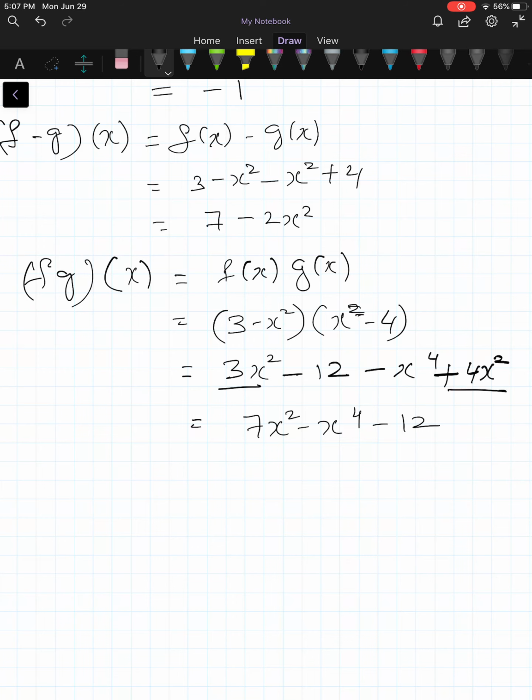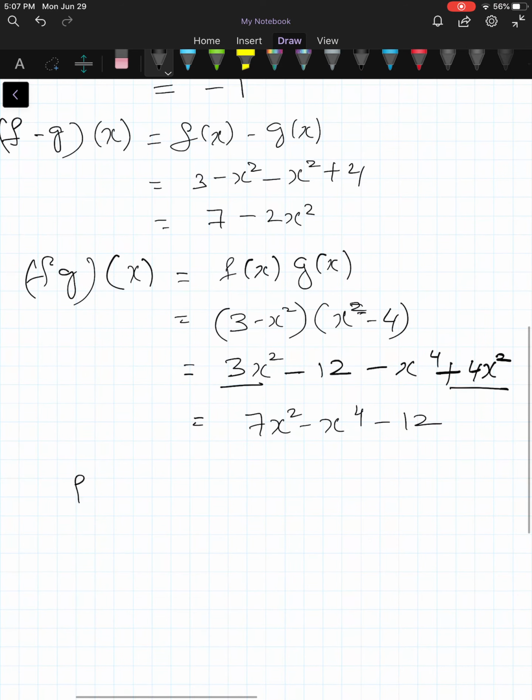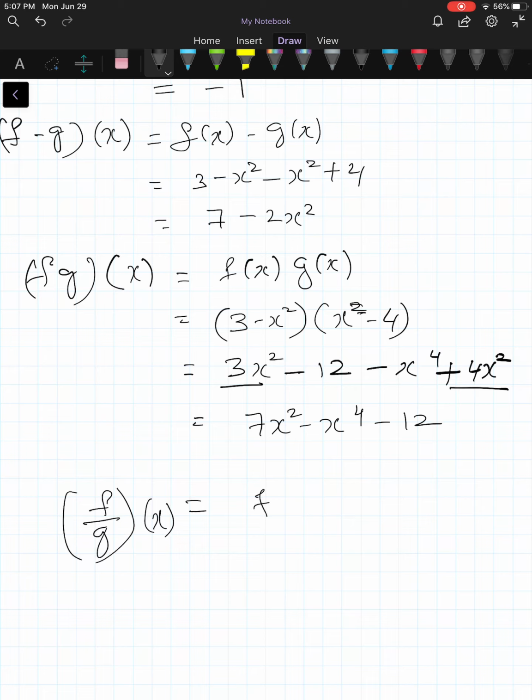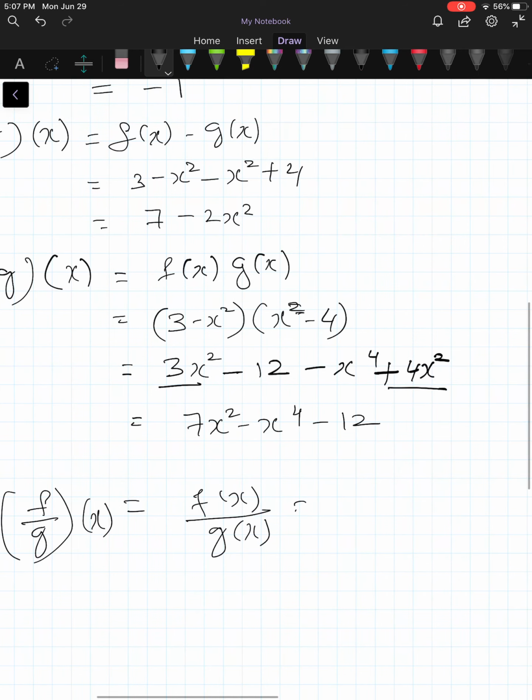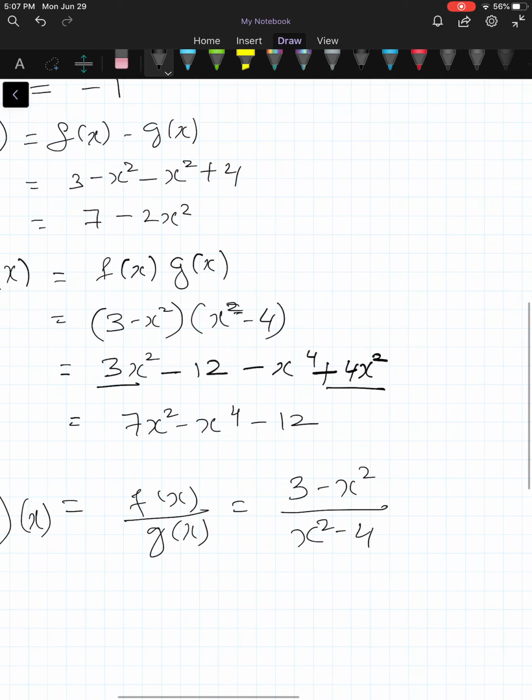Then moving further, we have to divide. f divided by g of x is equal to f of x divided by g of x. So this is equal to 3 minus x square divided by x square minus 4.